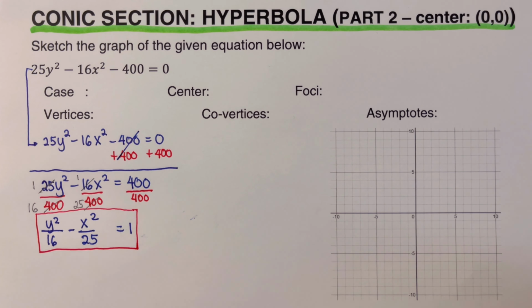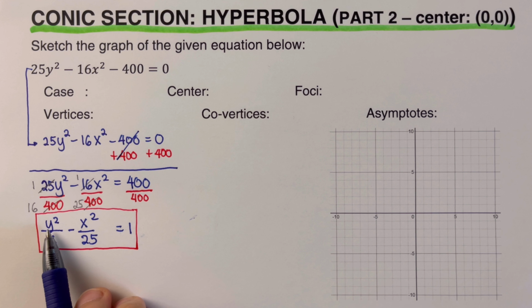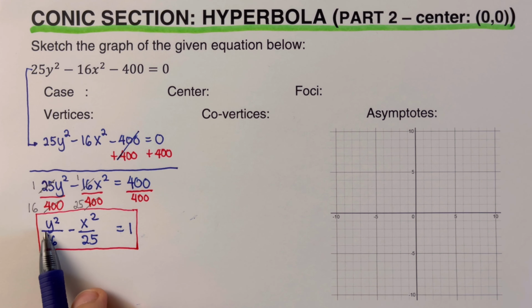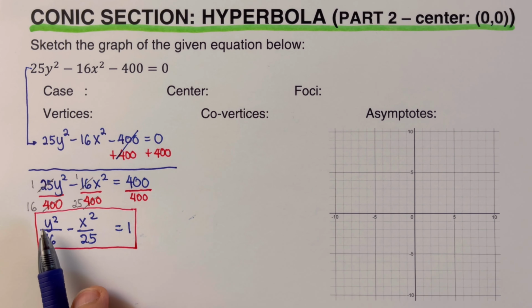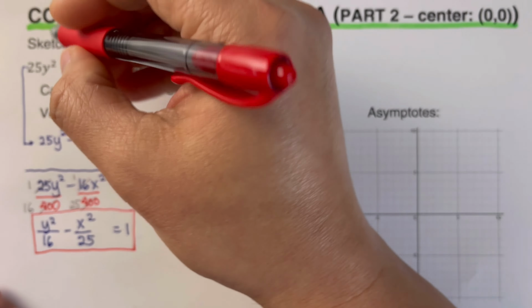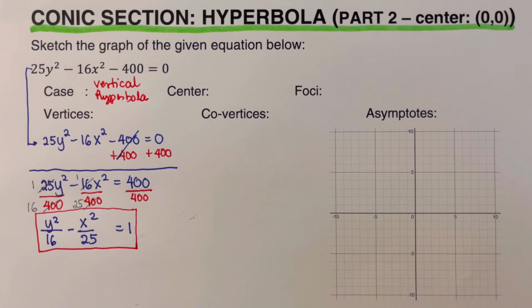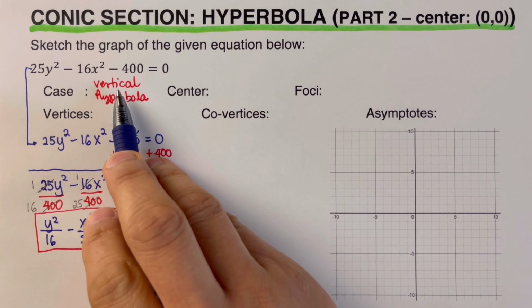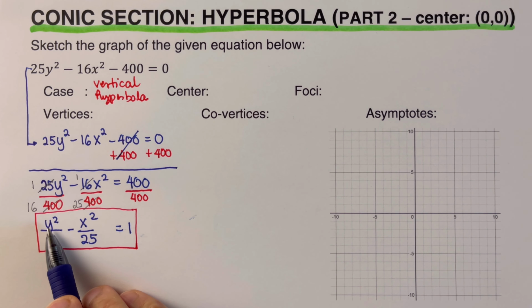From here, we can say that this is an example of a vertical hyperbola. The reason for that is since our y squared over 16 is positive, y is the vertical line. So I'm going to write that up here. Since this is a vertical hyperbola, the number at the bottom of y squared is our a squared.